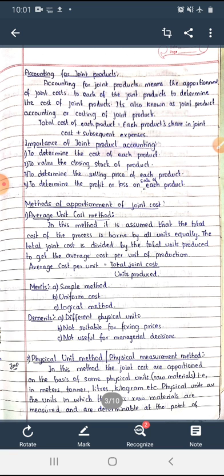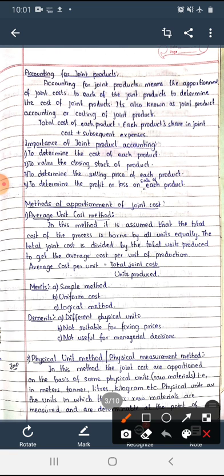Till a particular point they are producing together. For example, there are two joint products. Till this point they are produced together, but after a particular point they are processed separately, because the processes are different and they may need separate raw materials.